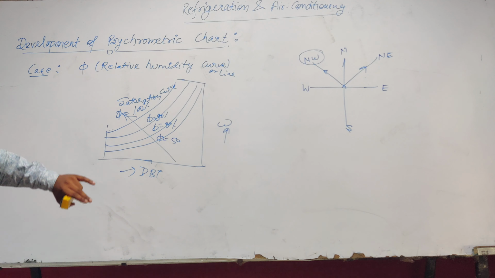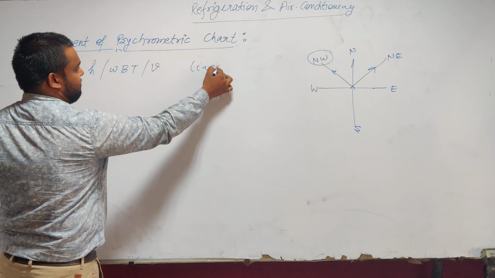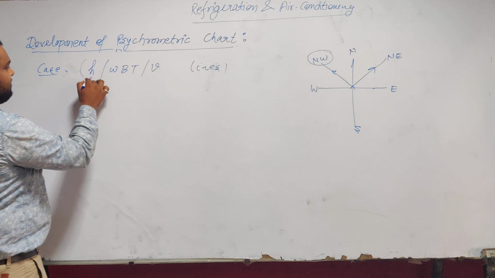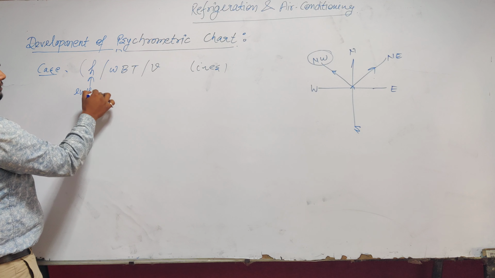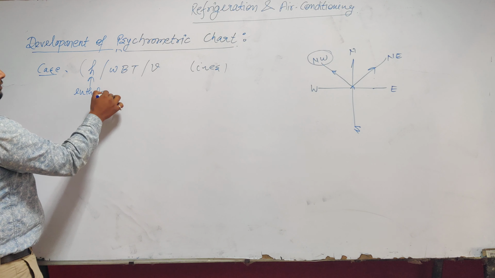Next case is H, WBT and V lines. H is enthalpy, WBT is wet bulb temperature, and V is specific volume. So firstly draw the chart.